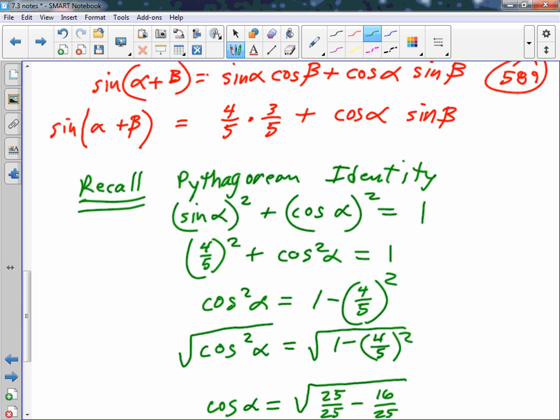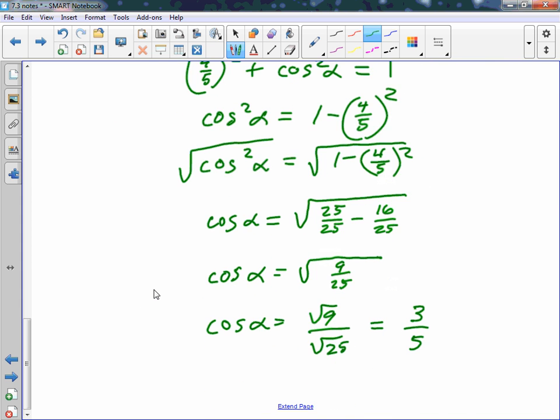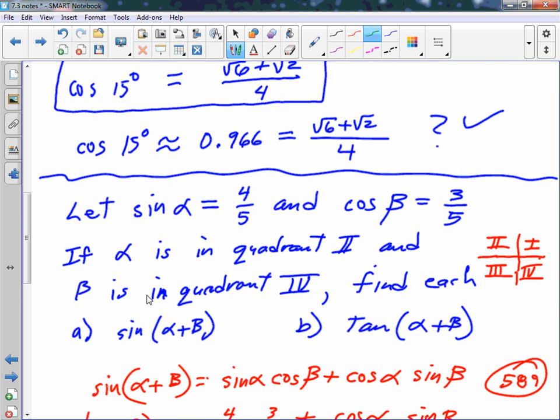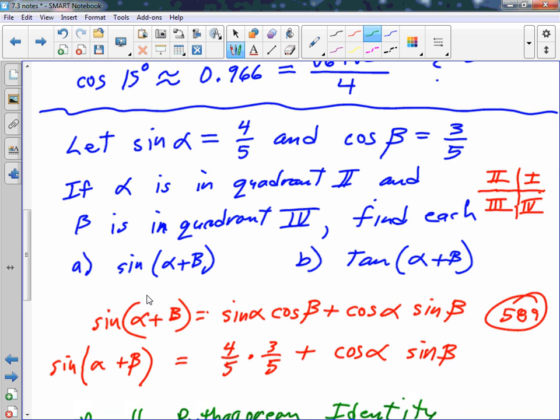I think when you're all done here, I will give the solution to those of you at home or not here. We were going to find on this second one sine alpha plus beta equals 24/25.